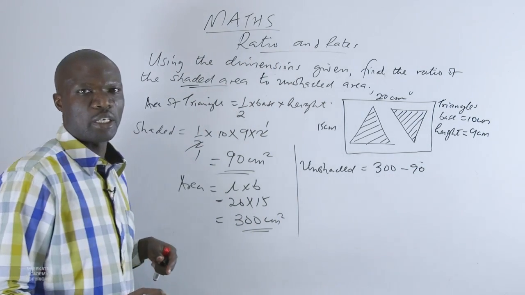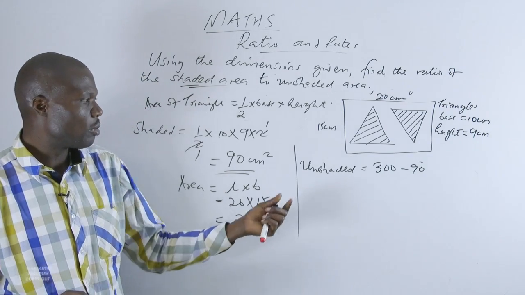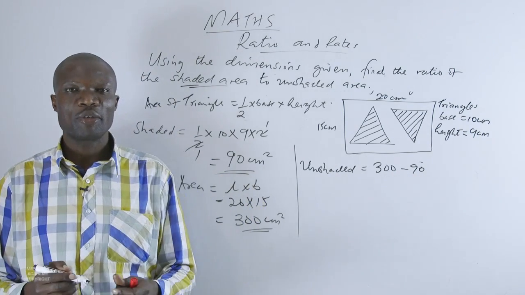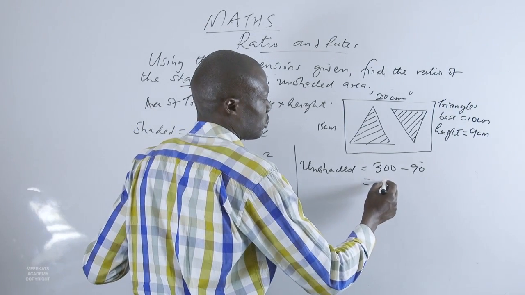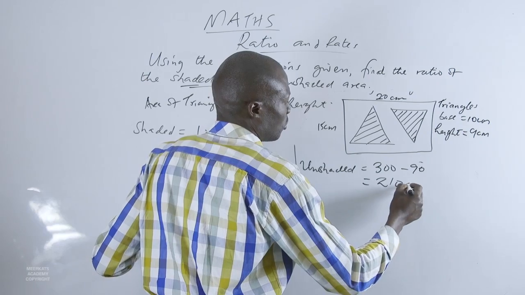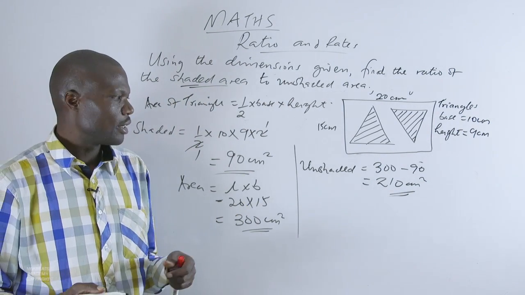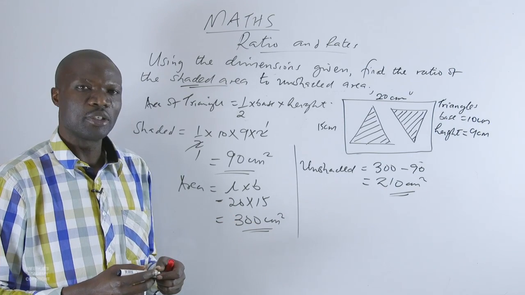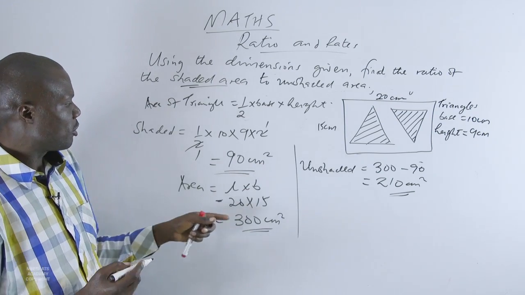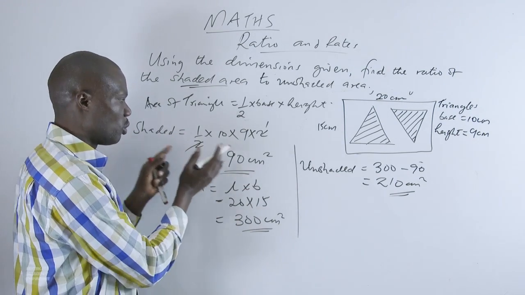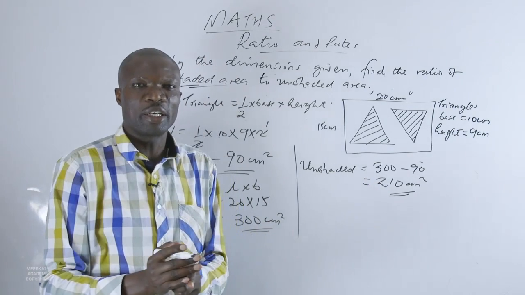To find the unshaded region, we shall take 300, which is the area of the whole rectangle, minus 90, which is the area of the 2 triangles. This one gives us the unshaded as 210 square centimeters. So our interest was to find the ratio of the shaded, which is 90, to the unshaded, which is 210.